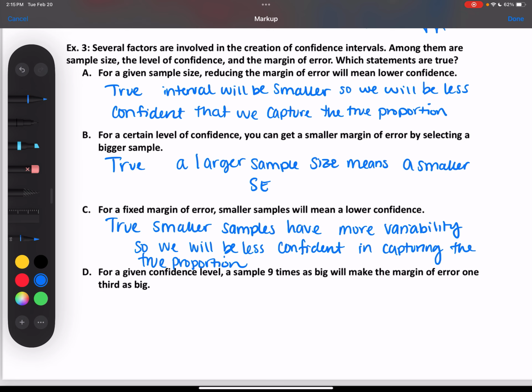All right, last one. We'll stop here after this one. For a given confidence level, a sample 9 times as big will make the margin of error 1/3 as big.